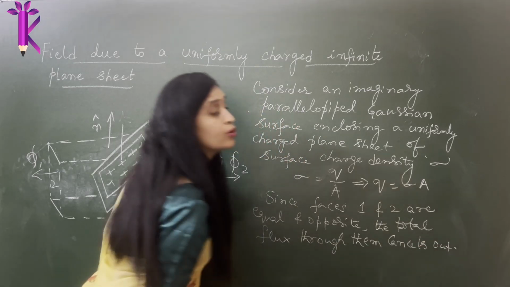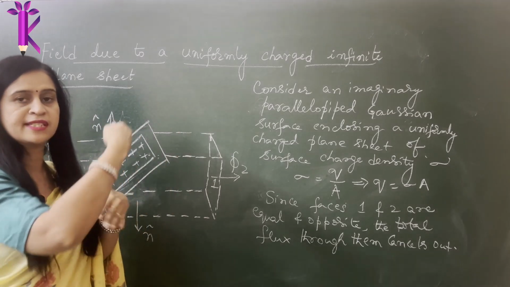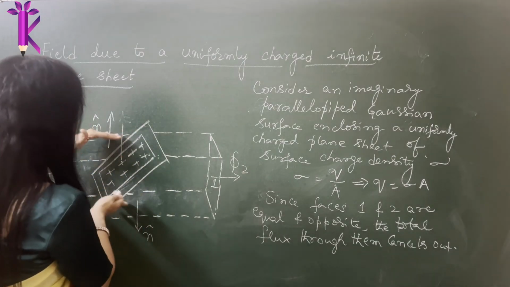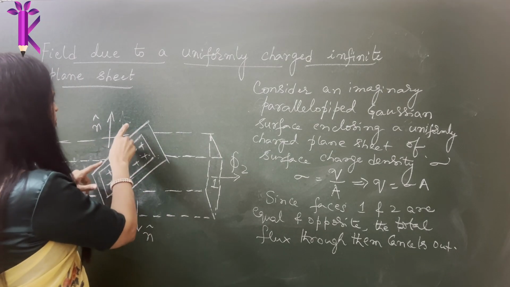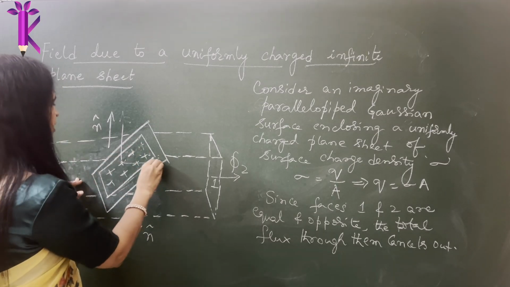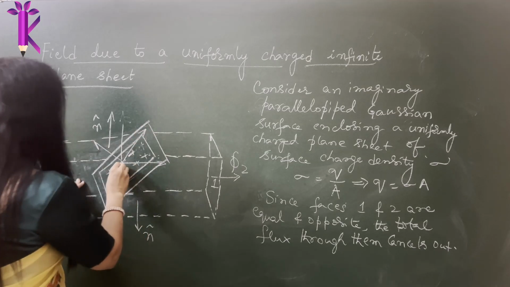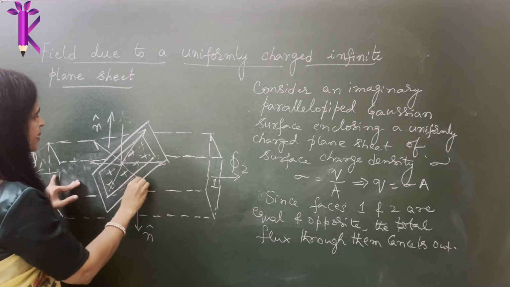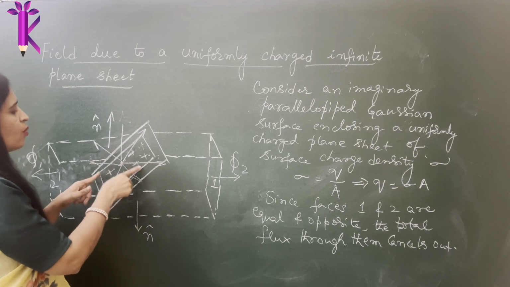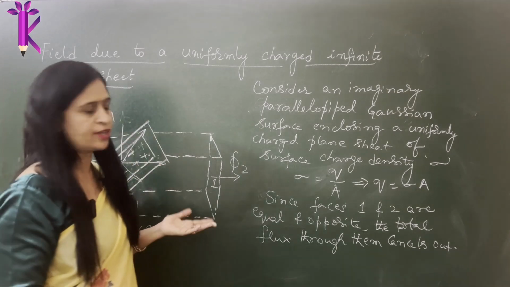Okay, so what is the only flux that contributes? Just like that part of the cylindrical surface that we did here, the electric field direction is radially outward. There will be some components in random directions, right? Wherever it is perpendicular they obviously cancel out.